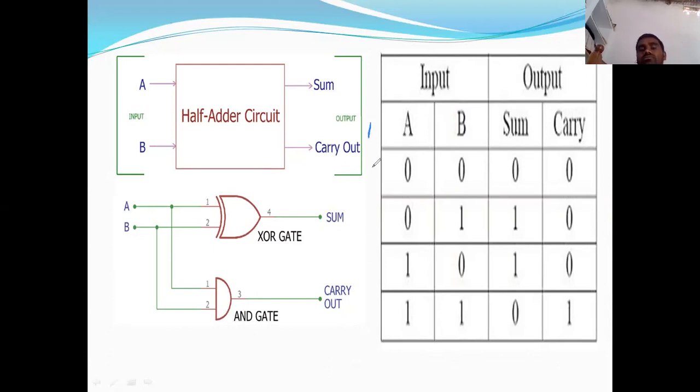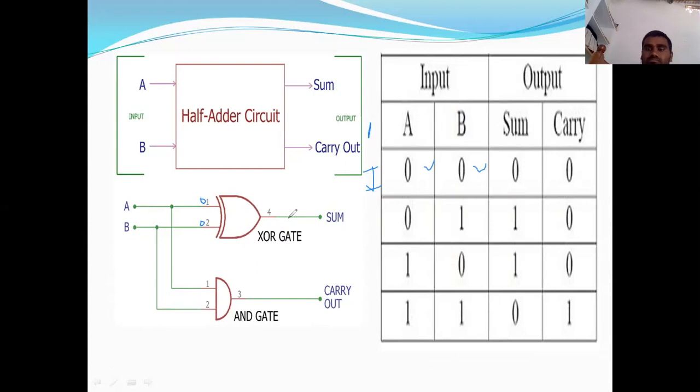So this is the first case. In the first case we have A and B both 0. Simply, for XOR gate, for same inputs the output is low and for different inputs the output is high.